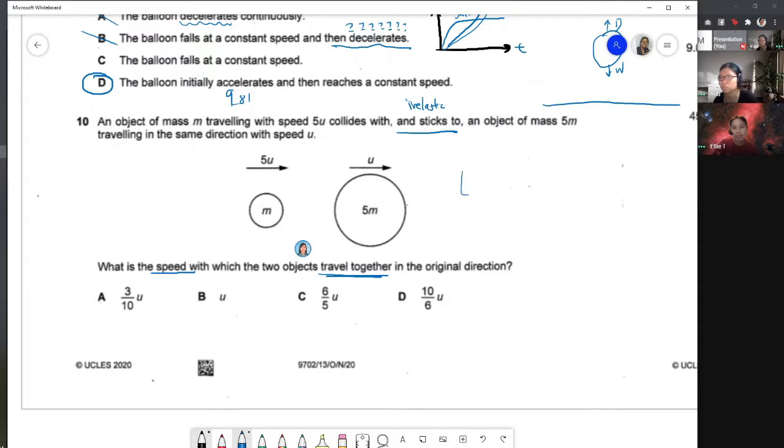So before, after, they move with V. Why they join together? Draw two things. Okay, never mind. 1M, 5M. And this one is V.